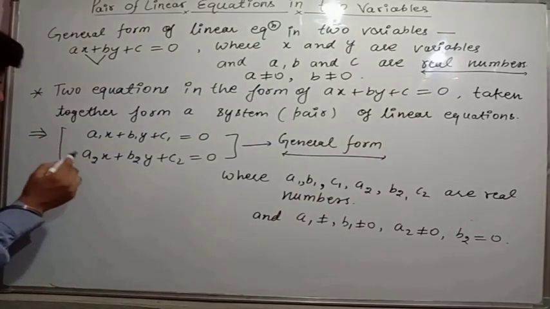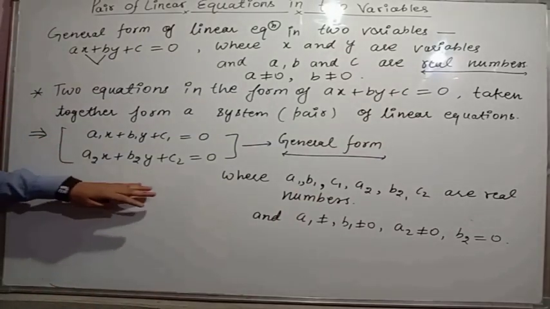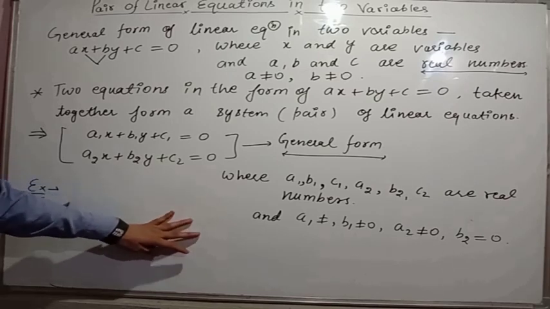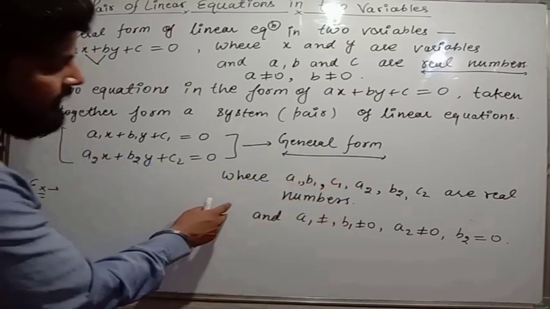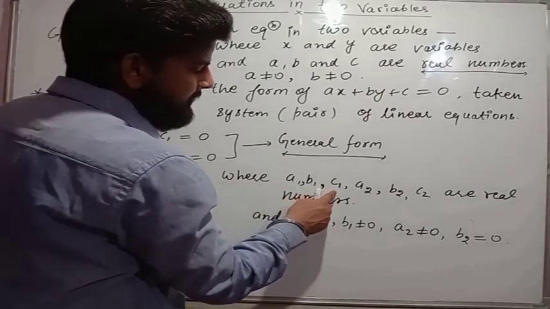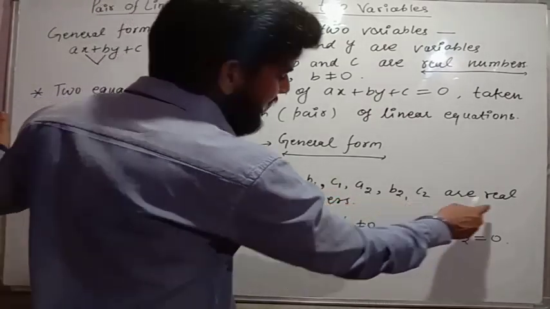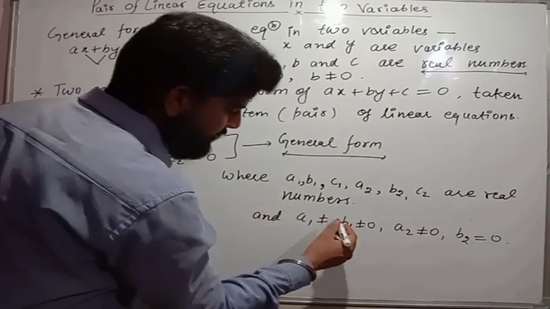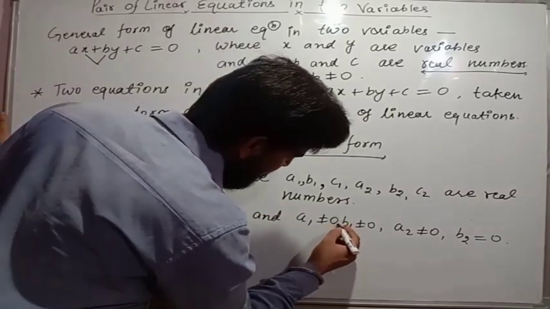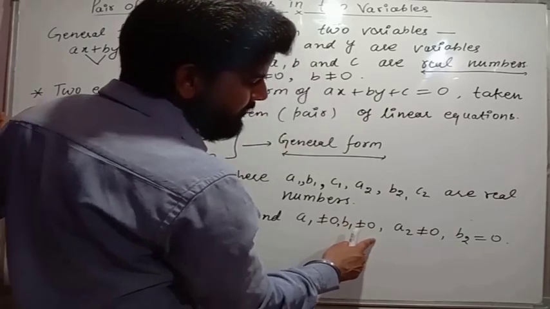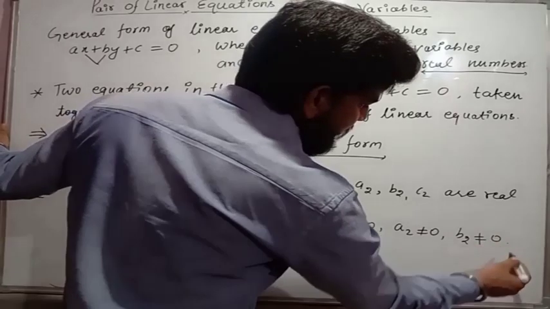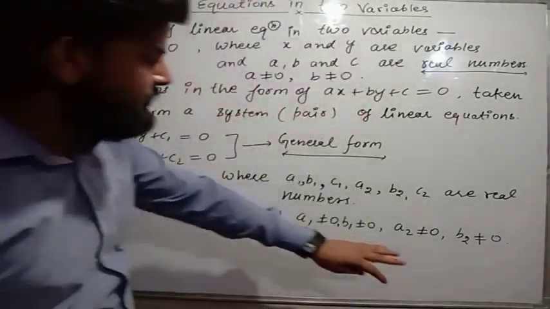There are two linear equations, that's why we say a pair or system of linear equations in two variables, where a1, b1, c1, a2, b2, c2 are real numbers. a1 is not equal to 0, b1 is also not equal to 0, a2 is also not equal to 0, and b2 is also not equal to 0.